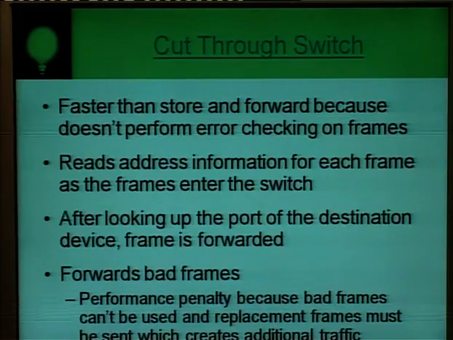Cut through switch is faster than store and forward because it does not perform error checking on frames and reads address information for each frame as the frames enter the switch. After looking up the port of the destination device, the frame is forwarded. If they forward bad frames, there is a performance penalty because bad frames cannot be used and replacement frames must be sent, which creates additional traffic over the network.